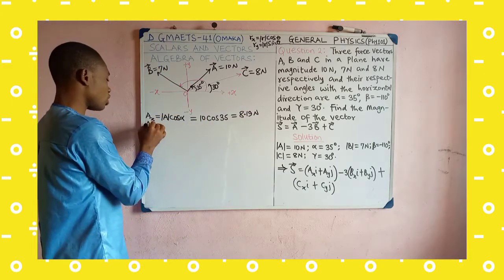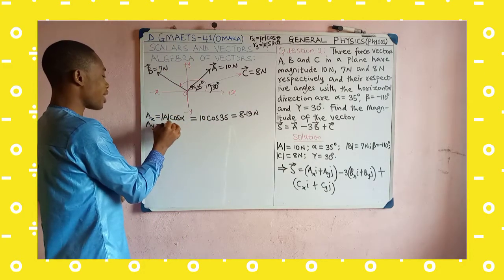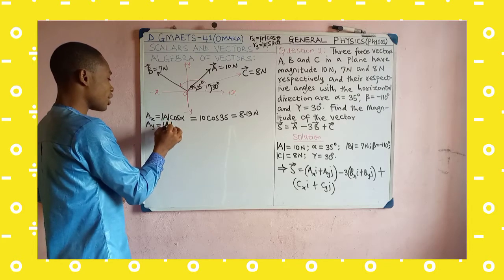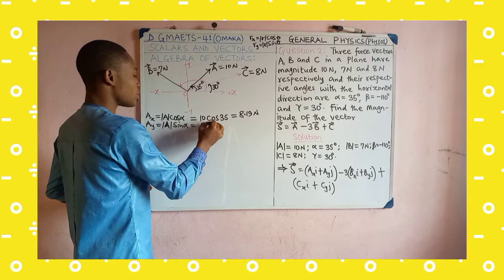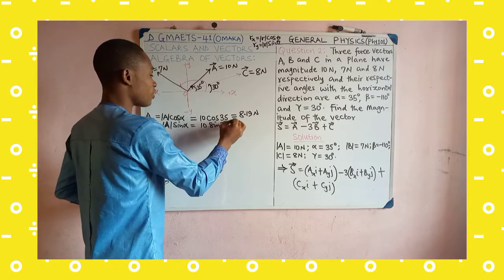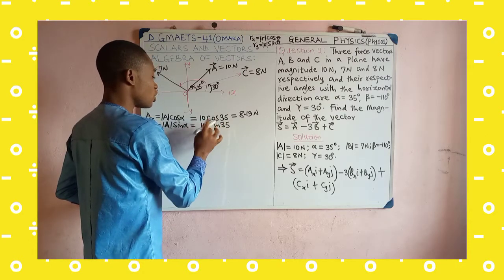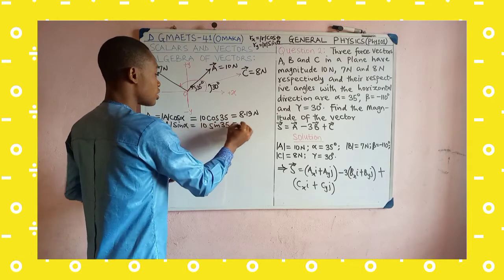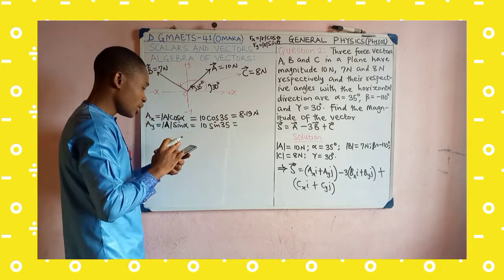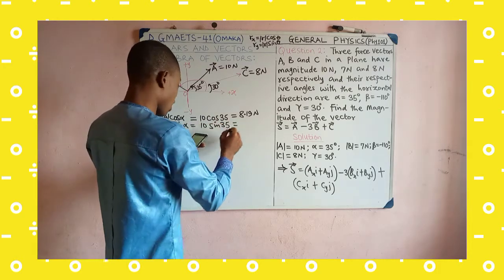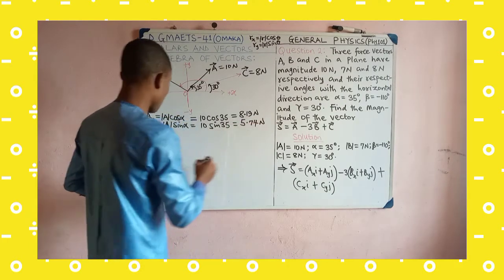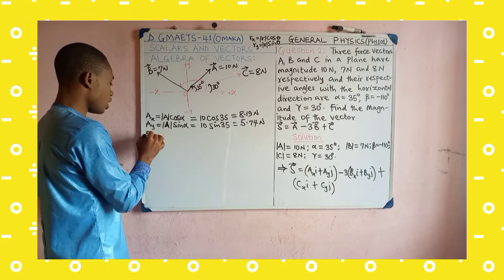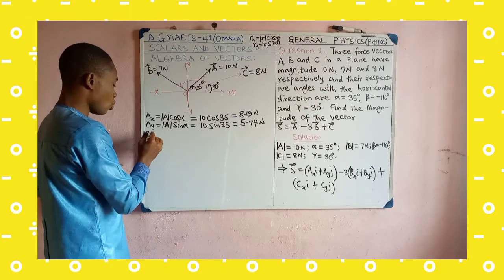Let's move on to Ay. That's going to be magnitude of A, then sine alpha, which of course is 10 sine 35. 10 sine 35 is going to give us what? 10 sine 35, let's find out. 10 sine 35 is going to give us 5.74 Newton.